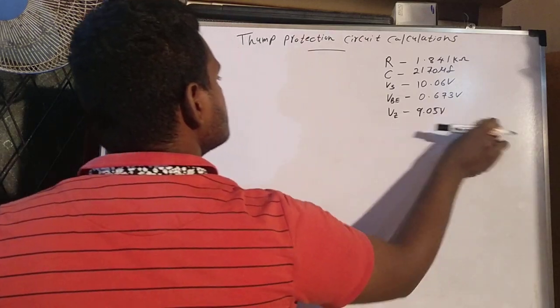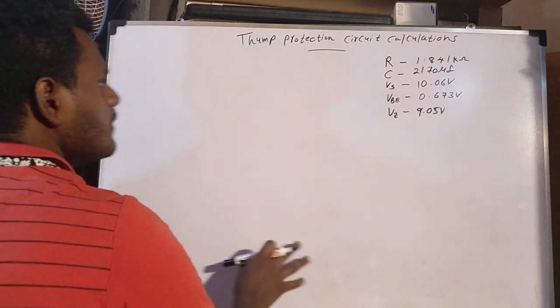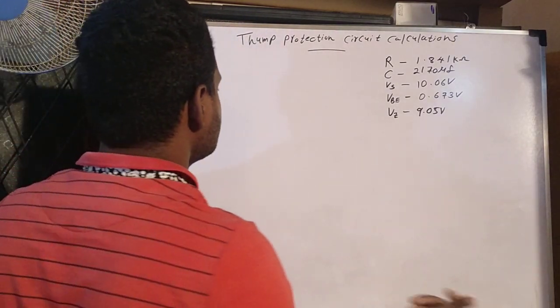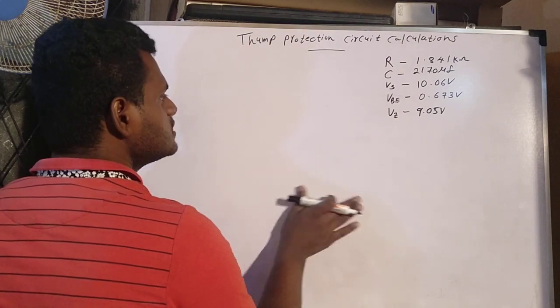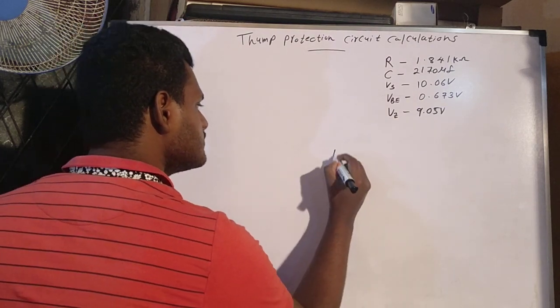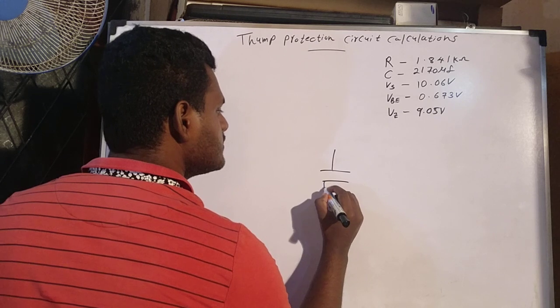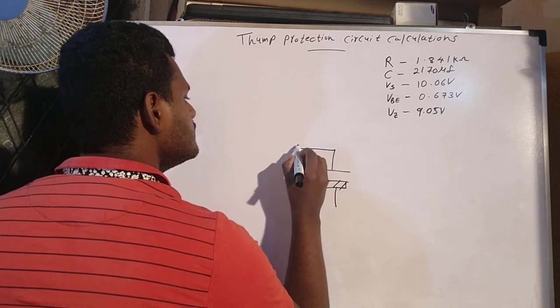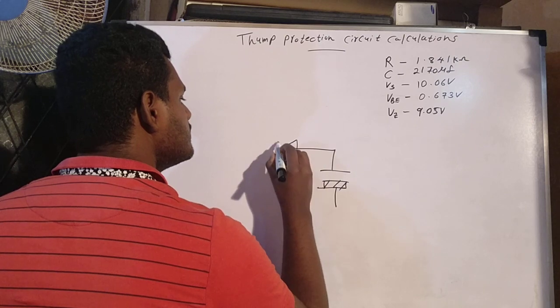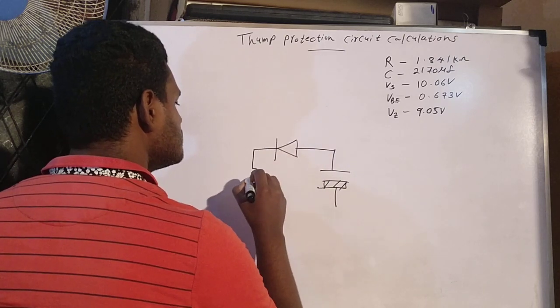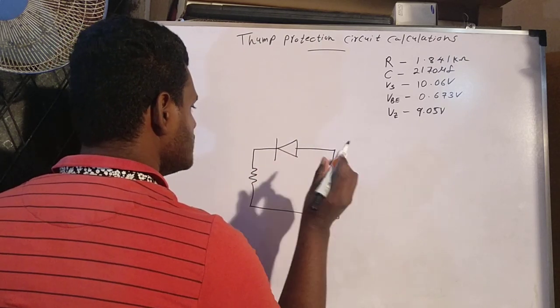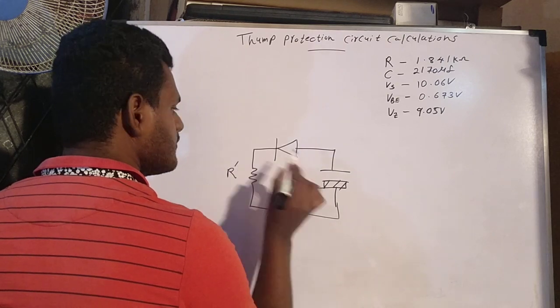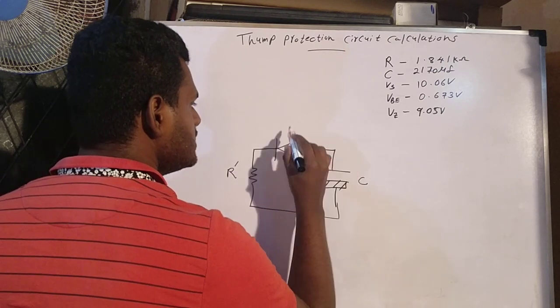That's nothing to worry about. In discharging, I have our capacitor also, then we have a diode here, then this is our R dash, and this is our C value.